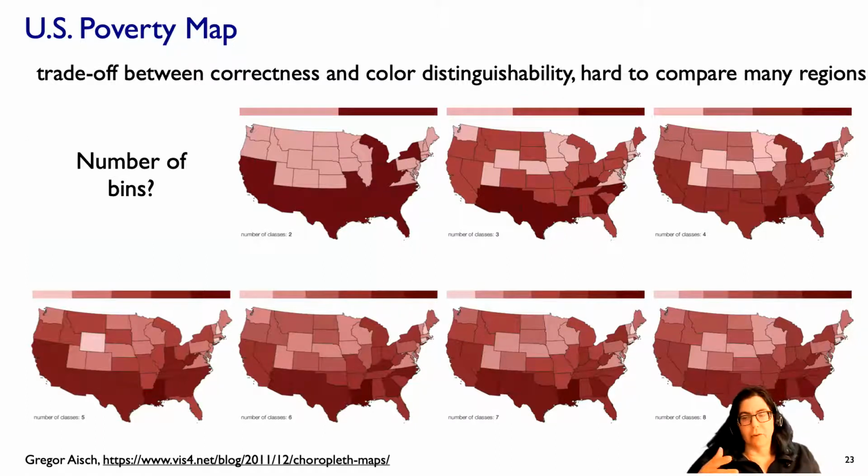And color distinguishability, right? It's very easy to tell apart the pink bin from the maroon bin with 2 classes. It's trivial. By the time we get up into 8 classes, it gets a lot more subtle. We'll talk about these issues more next week. What I want you to note is just that it gets hard to compare the more of these classes we have. So we're going to have some questions about how many bins can we get away with in these choropleth maps.